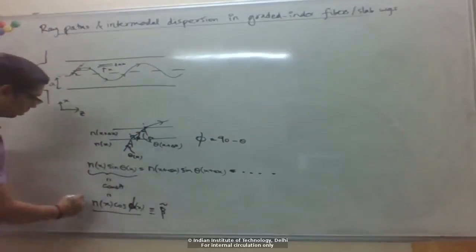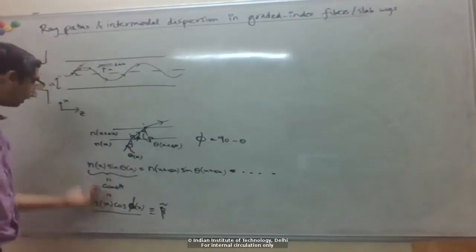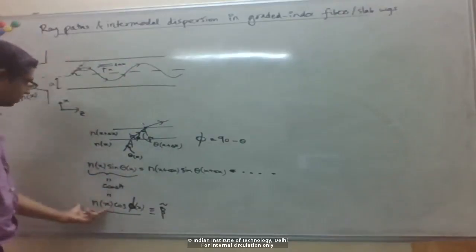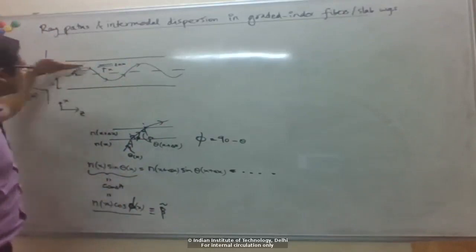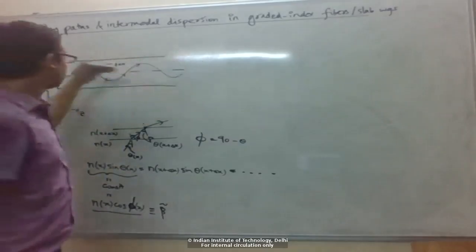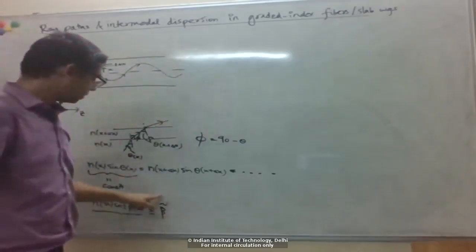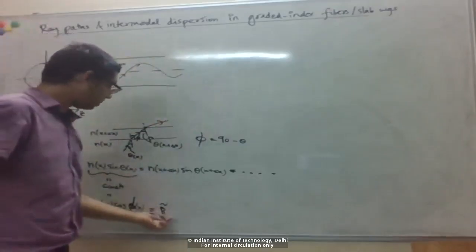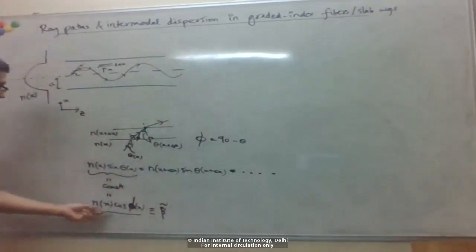If I multiply by 2 pi by lambda, or k naught, which is the wave vector in free space, then k naught times n will be the k vector in the medium, and cosine phi means that's in the direction of propagation. So that's something like a propagation constant in the direction of propagation, usually denoted by the quantity beta. Here we call this beta tilde because it's something like that, but not exactly.